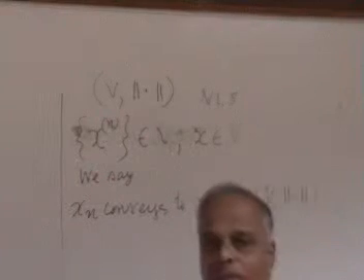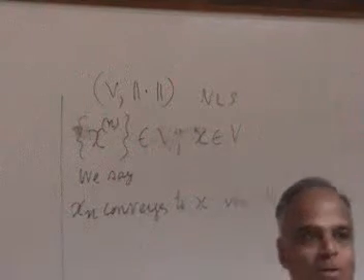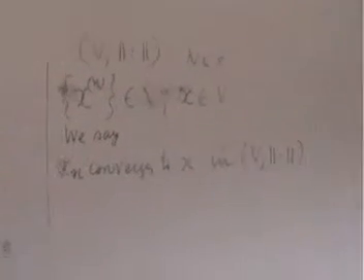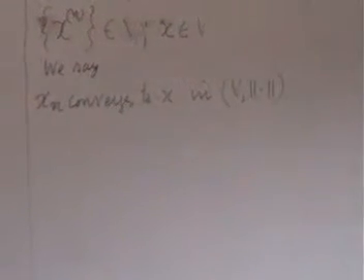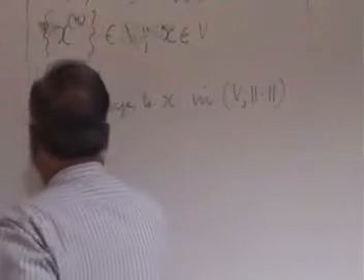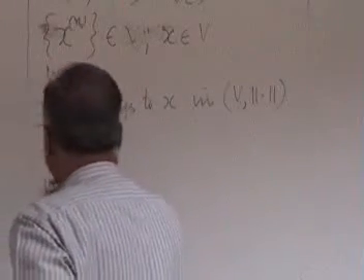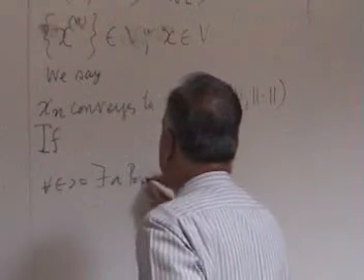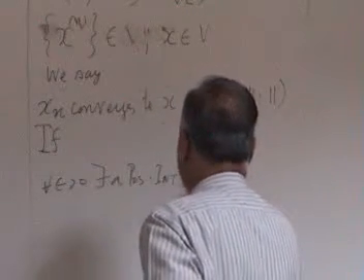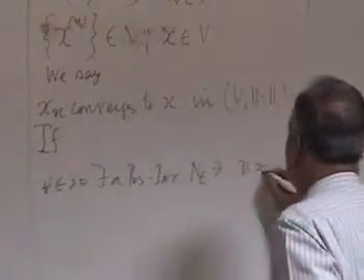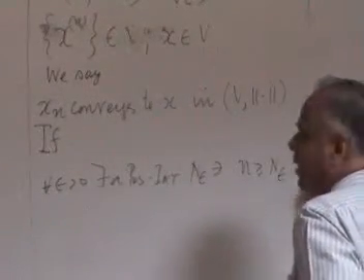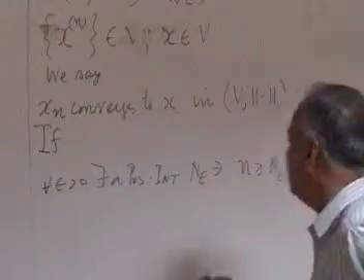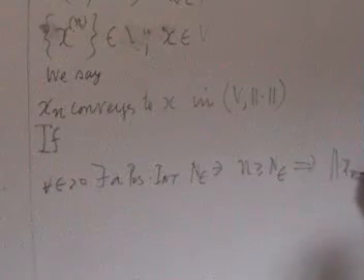because this entire definition depends on the norm. The moment you change the norm, the estimates will be different. So it is completely dependent on the norm that you are using. In this space, for every epsilon, I can simply copy, there is a positive integer n epsilon such that n greater than or equal to n epsilon implies the norm of xn minus x is less than epsilon.